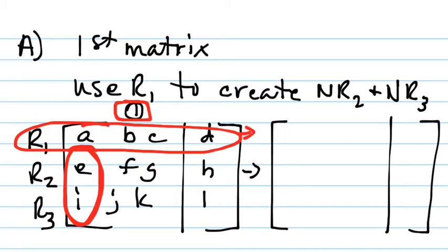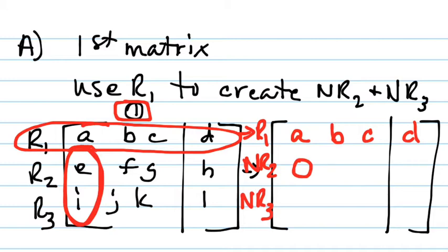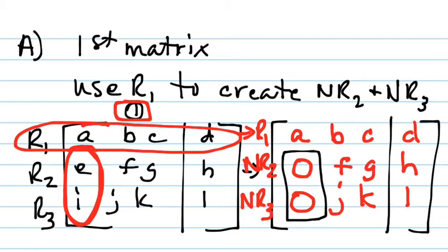So that means that row 1 is going to come over here and be completely unchanged. Now you're going to use it to change the others. And what's going to happen is you're going to get a new row 2 and you're going to get a new row 3. And the way they're going to look is you're going to have a 0. You'll still have two numbers there. Now I'm going to use the same letters to represent them, but they won't be the same numbers. They'll be different numbers. Okay? But do you see the big deal is that I got 2 zeros right there, and that row 1 did not change.